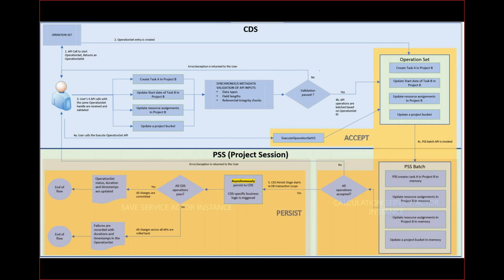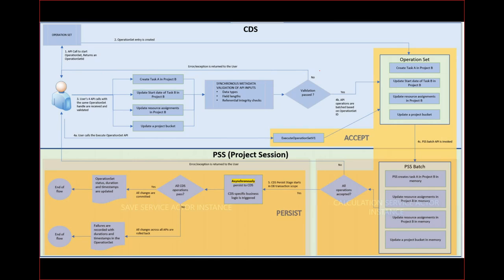We can ask for modifying existing data from an existing task in a project. We can add resource assignments. We can update project buckets. We can define dependencies, saying that one task should be dependent on another. So we're going to bundle those requests all into the same operation set.